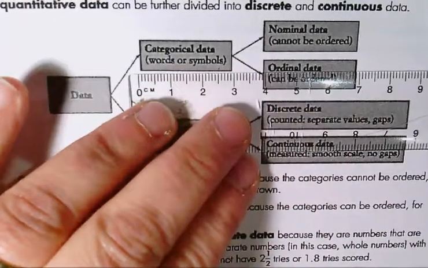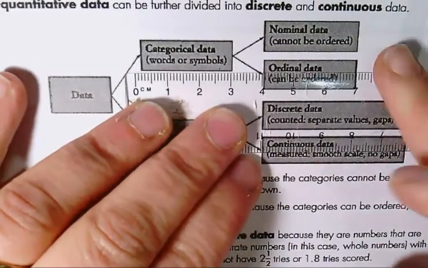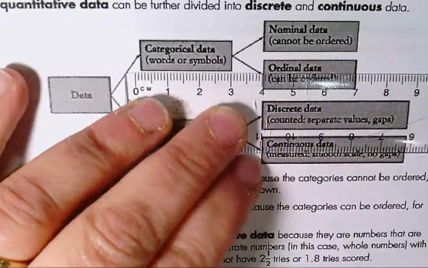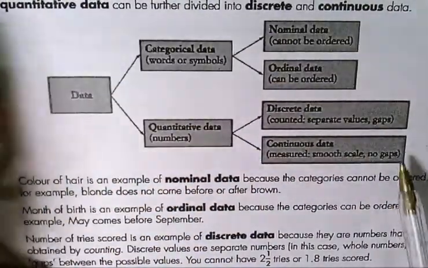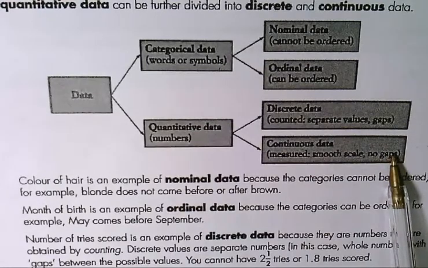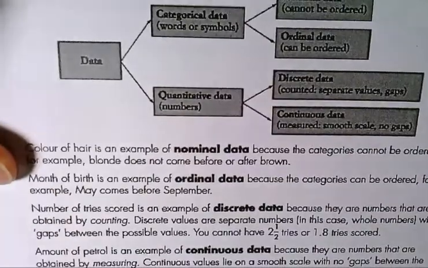And remember that in all measurement, there is error in measurement. So when you're measuring the length of something, it's measured on a continuous scale. Just think of a thermometer, that is on a continuous scale.